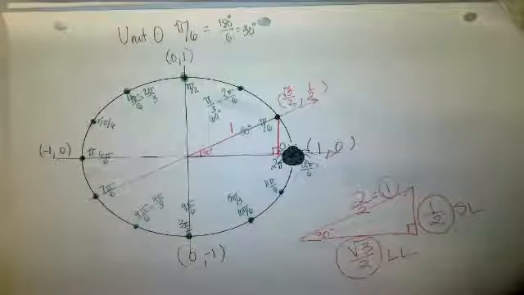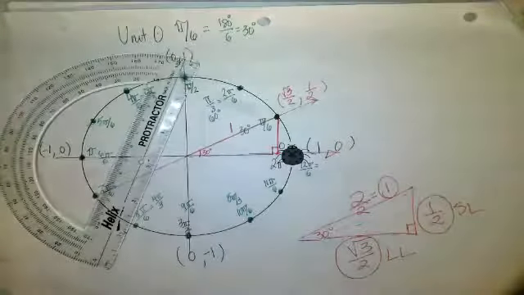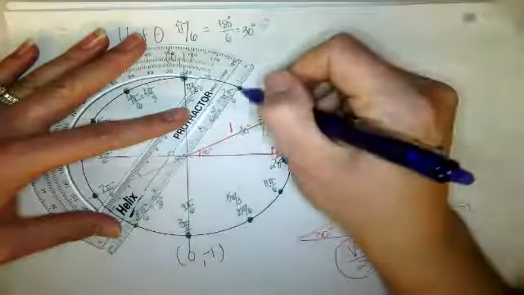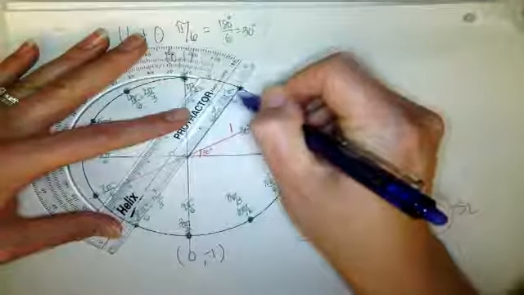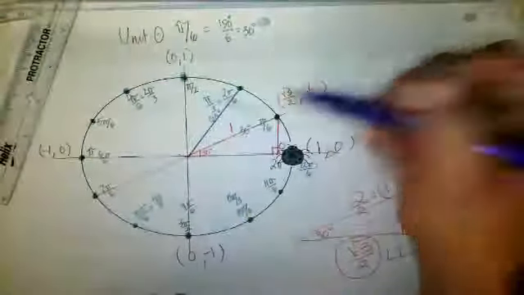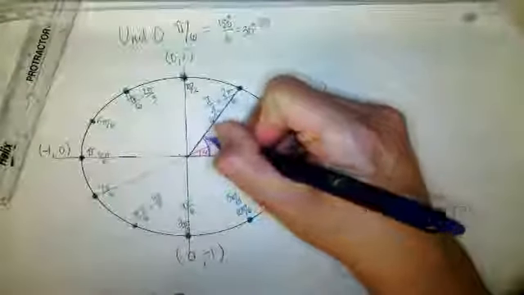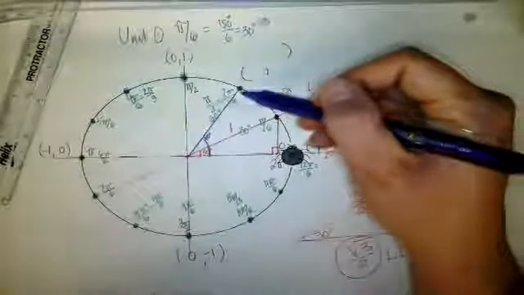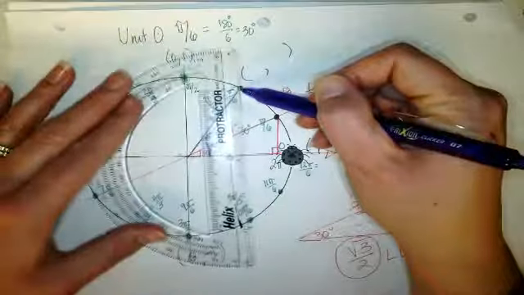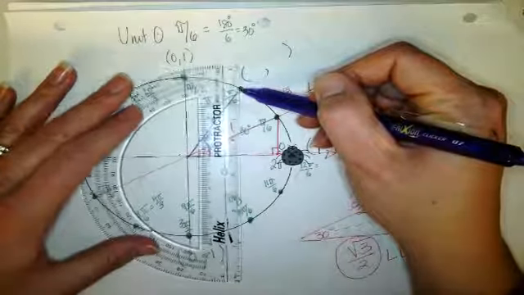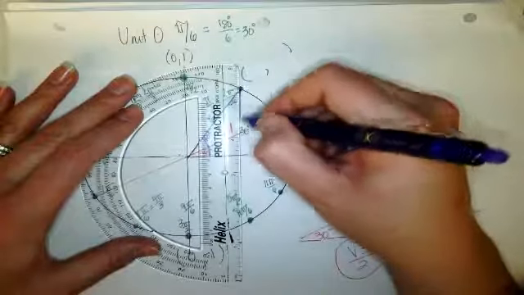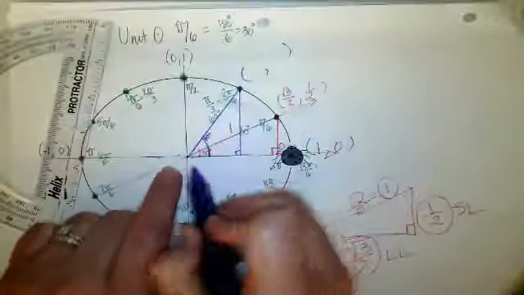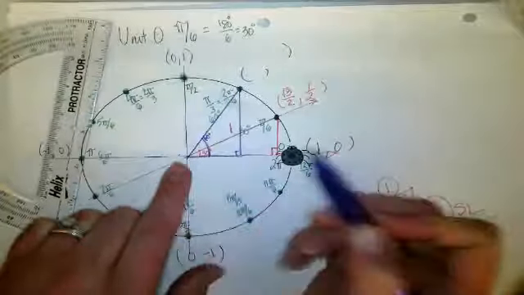I need you to think in terms of short leg and long leg. Now we're going to go up here to this angle. What is this angle? 60 degrees. So there's our big 60-degree angle right here. Again, our job is to find this ordered pair, and to figure that out, I'm going to drop an altitude so that I can create the reference triangle.